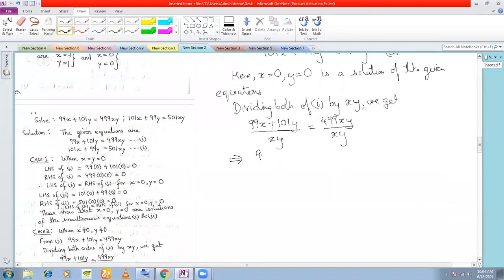That means now you separate on the left hand side 99x by xy plus 101y by xy is equal to 499.